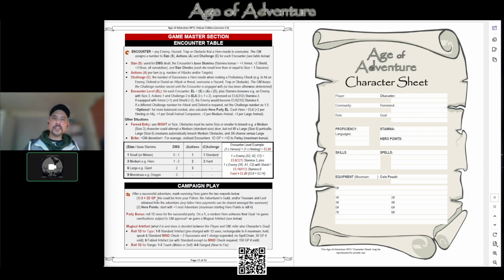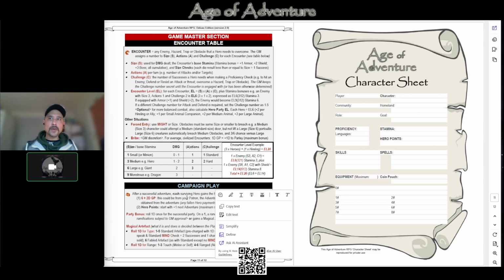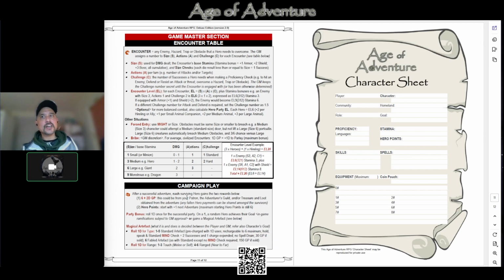Last but not least, to finish this tutorial, there are rules for campaign play. They're not as detailed as a lot of other games, being a rule set that's effectively 10 pages. Essentially, Age of Adventure is more designed for one shots, but if you do want to bring your character into the next game, after a successful adventure, you get 2 rewards.